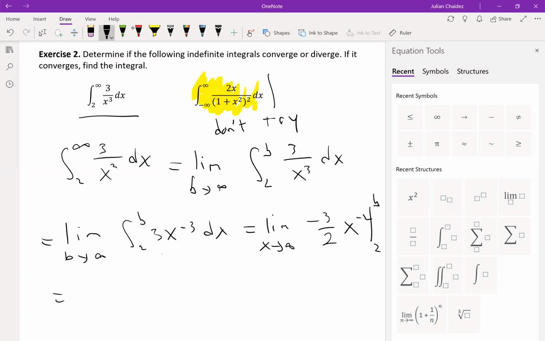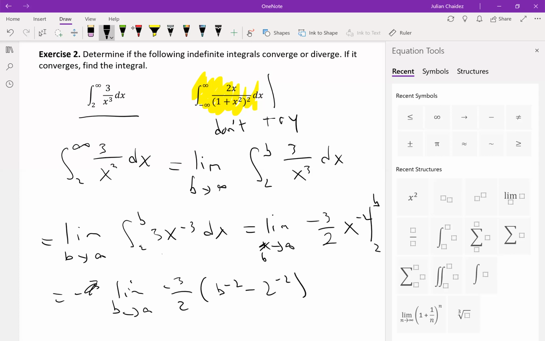Okay, so if I take this evaluated integral and look at the limit, I get the limit as b goes to infinity of negative 3 over 2 times b to the negative 2 minus 2 to the negative 2.